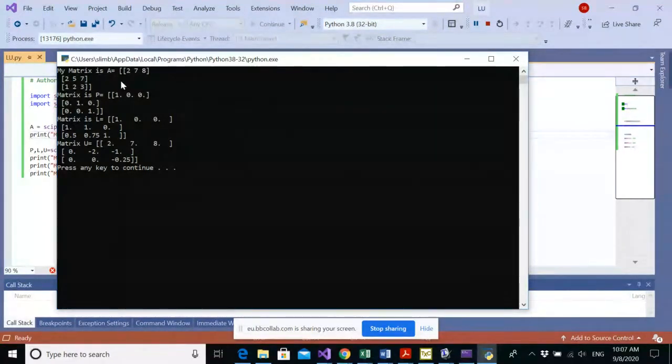The LU elimination works better if it always gives the highest number on the first column, which it considers as the first row. So you see the highest number is 2 and it's in the first row. Since I entered it this way, 2, 7, 8, it considered that this row must stay there, and it basically didn't do anything.